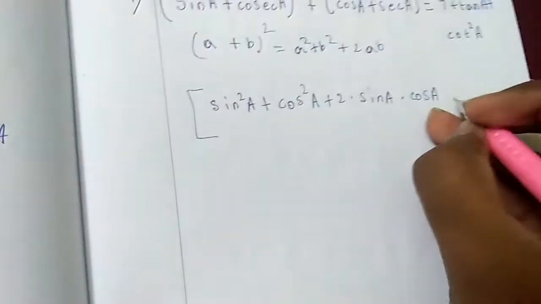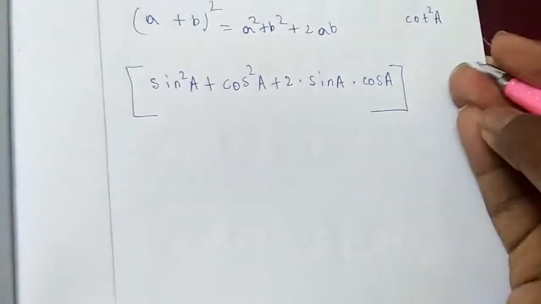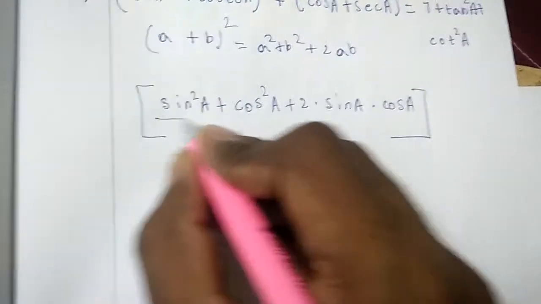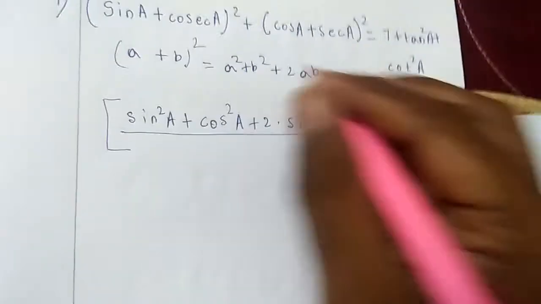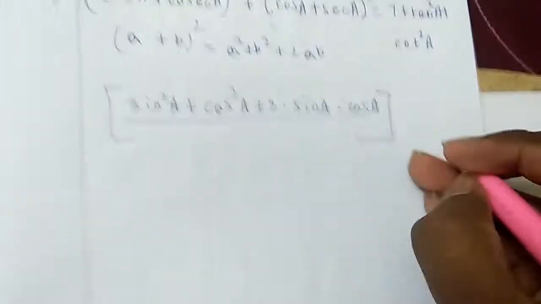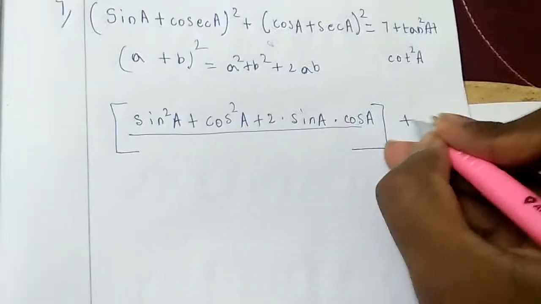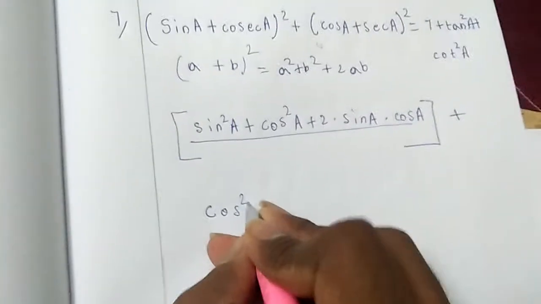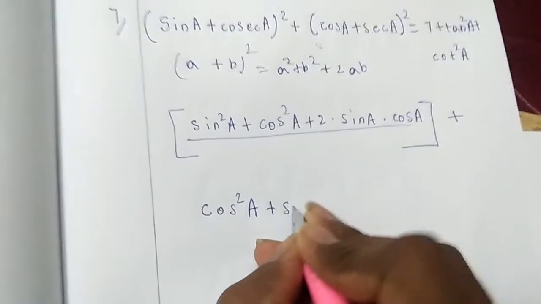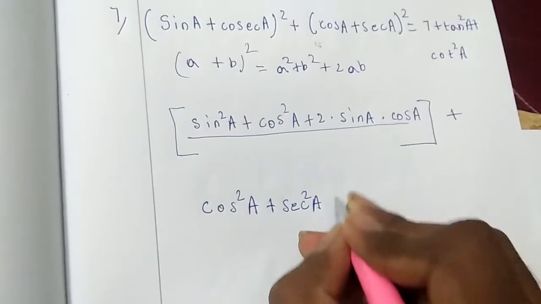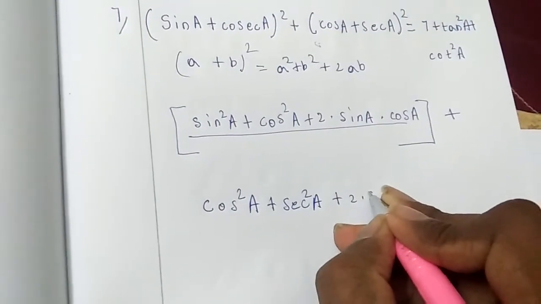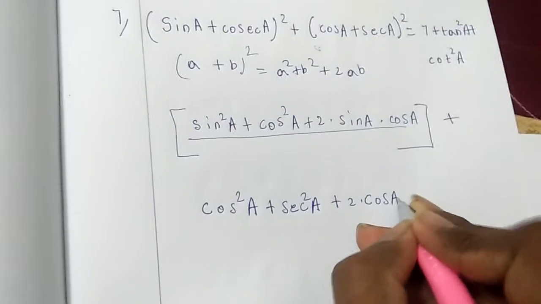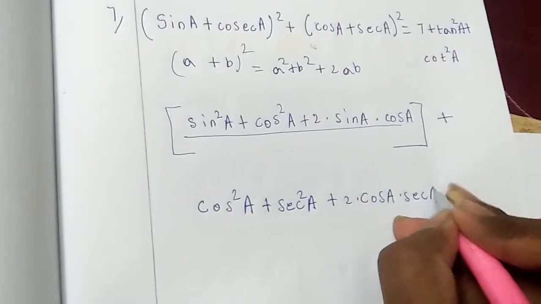I am keeping brackets so as not to confuse. Take it as one term. The second term is also in the form of a plus b whole square, so expand it: cos square a plus secant square a plus 2 cos a into secant a.